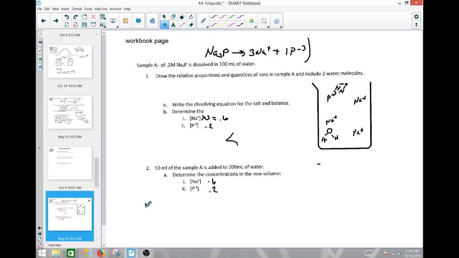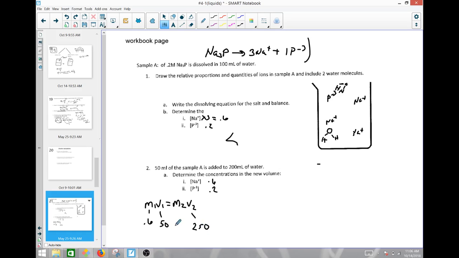So it's a dilution. M1V1 equals M2V2. M1 is 0.6. Keep in mind where I got that. V1, it's only taking 50 milliliters of the sample. And it's going to add 200 milliliters of water, so my total volume is 250.